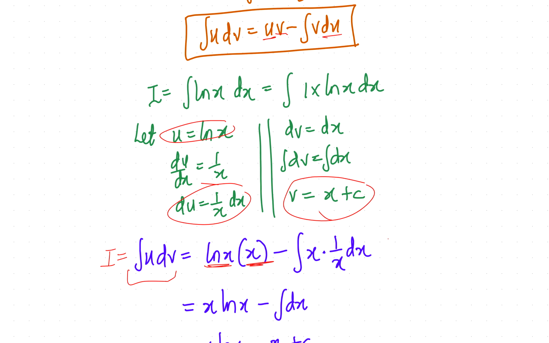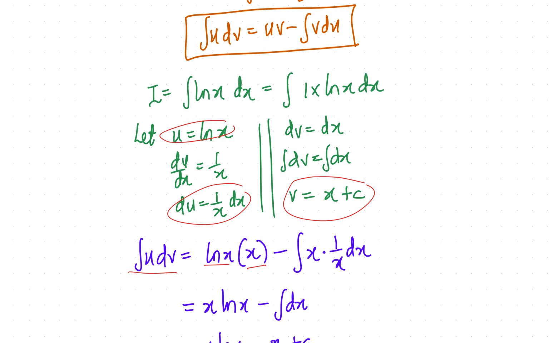And that minus integral of v, and that v is x again, times du, and du is 1 over x dx. So now we have put all the pieces together. Integral of u dv equals uv minus integral of v du, like that.